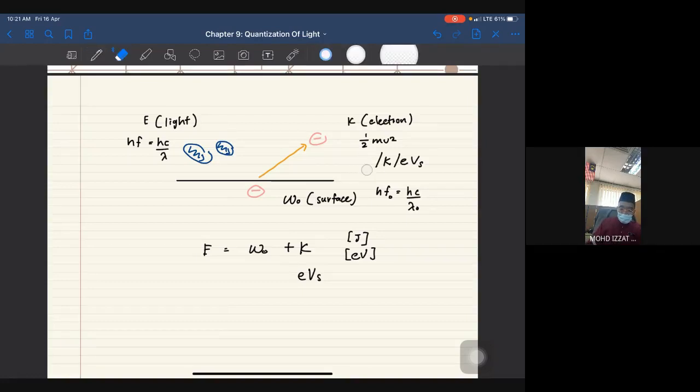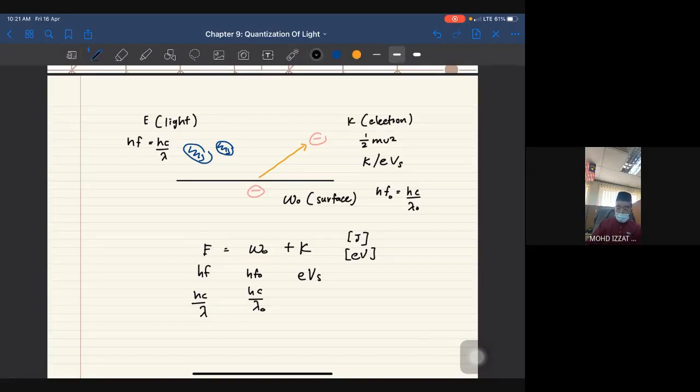Maybe I'll erase the symbol E there, because it's very rare for them to use it. So W naught you can write as hf naught or hc over lambda naught, and E is hf or hc over lambda. Again, the key thing is that you identify if they give you a lambda or f, whether that represents E or W naught. If you do that correctly, then it should be okay.